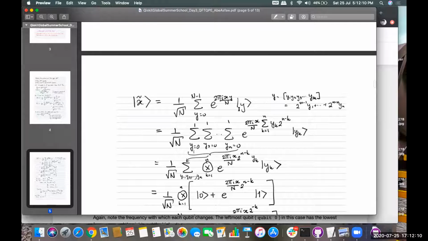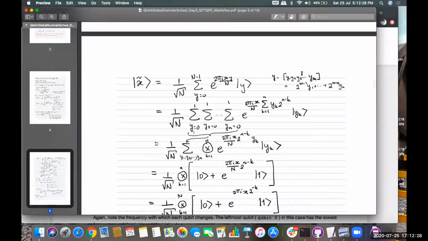If we map the y vector with the set of x quantum state vectors, y will be represented as y1, y2, y3 till yn. The coefficients of these vectors when we map them will be given by 2 to the power n minus 1 y1 plus, and so on.